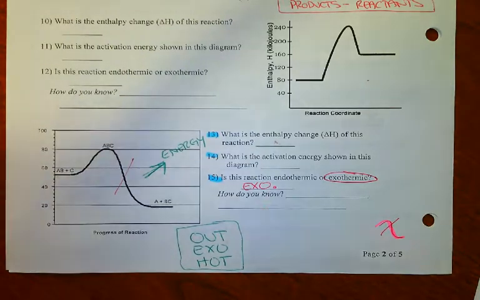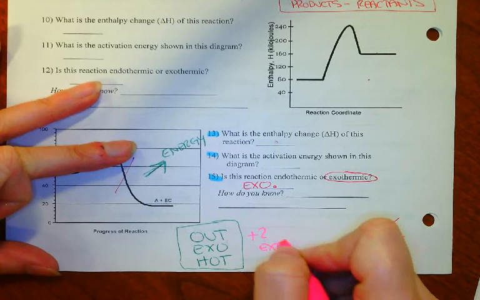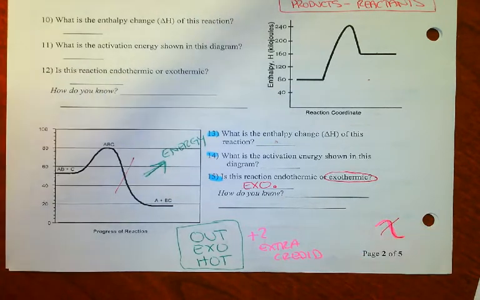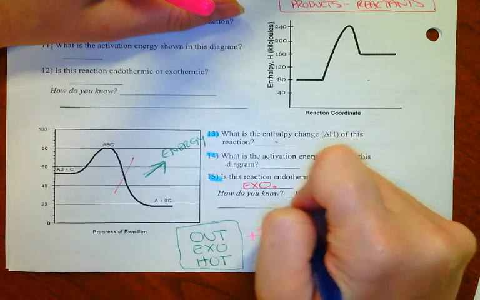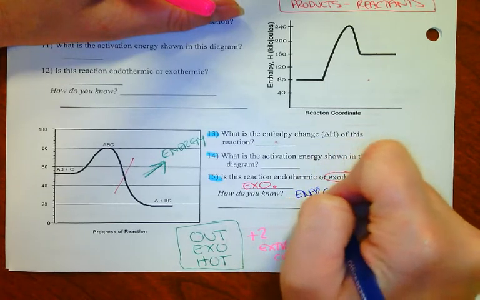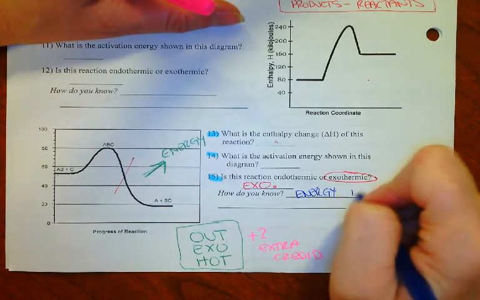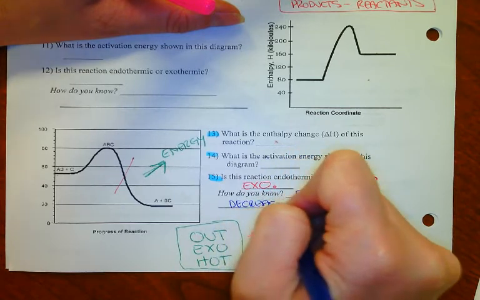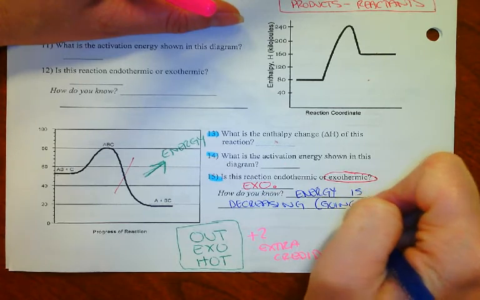So go ahead and copy that down and put +2 extra credits. Okay. So overall, this is exothermic because, how do I know? Energy, E-N-E-R-G-Y, I think I got lost, is decreasing. And I'm going to put going out in parentheses.